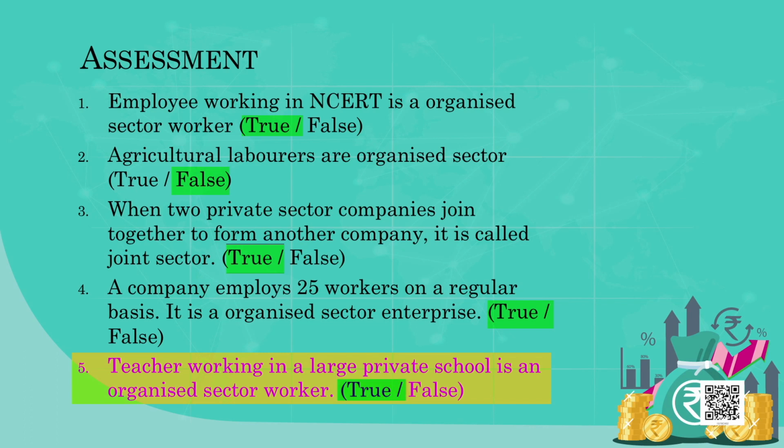In this session, we introduced you to two ways of classifying economic activities. One is based on the nature of employment, where we discussed organized and unorganized sectors. We also discussed another important category based on the ownership of the enterprise. Who owns the enterprise?